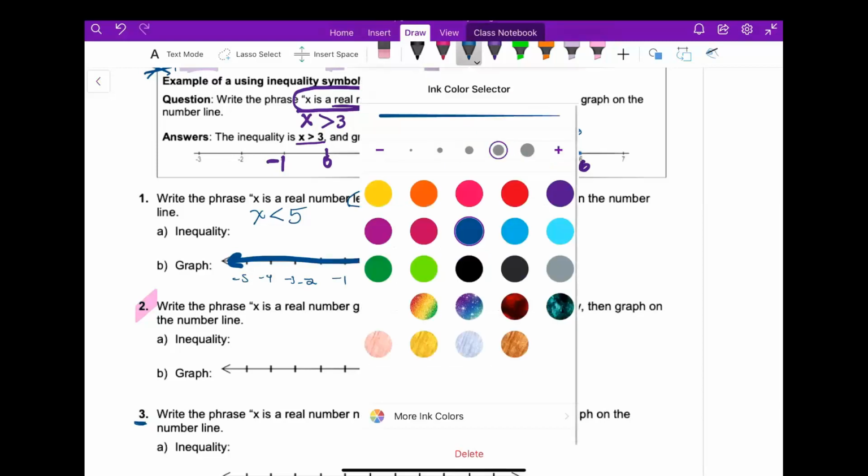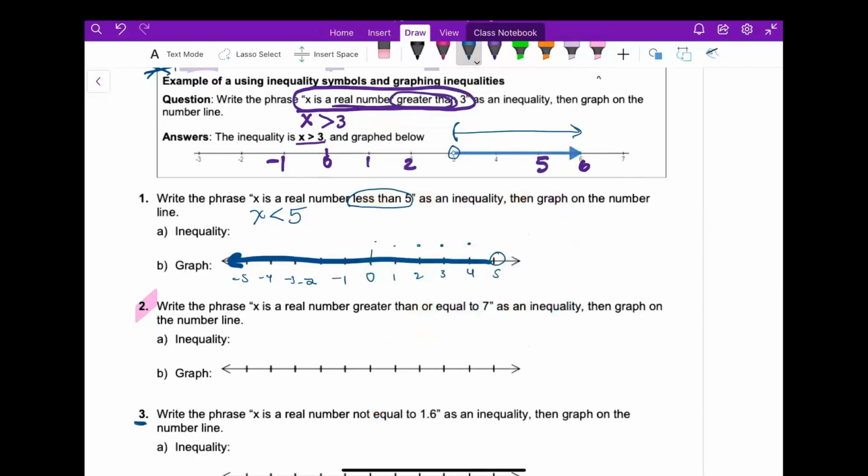So my answers for x is less than 5 are any of these values, not including 5 or anything bigger. Now let me go ahead and do the parentheses. The parentheses I need to do in the direction that it is going towards. So if I had started here and I didn't know which way it was going, and I put this, that's kind of weird, right? So we have to make sure our parentheses are in the direction we're going.